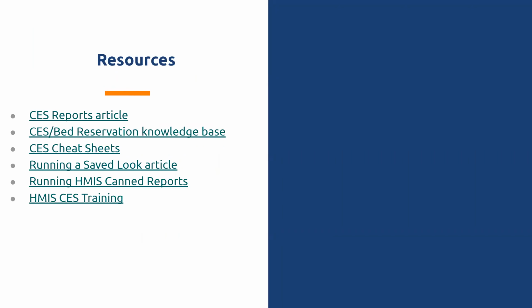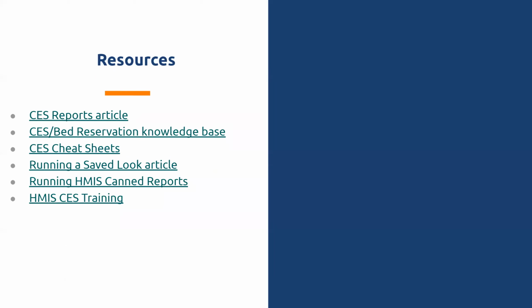We also have additional resources regarding CES reports and CES and bed reservation knowledge-based articles that we will link here on this slide. We also have the CES cheat sheet that we would highly encourage that you review. We also have two knowledge-based articles about running reports.